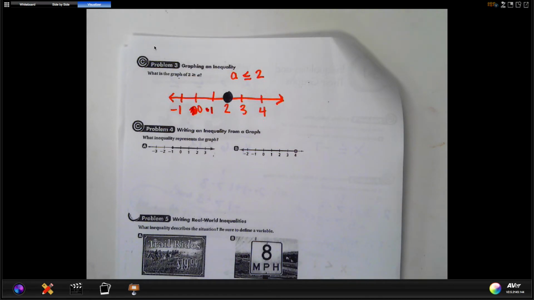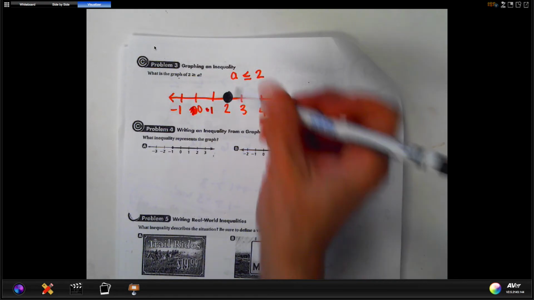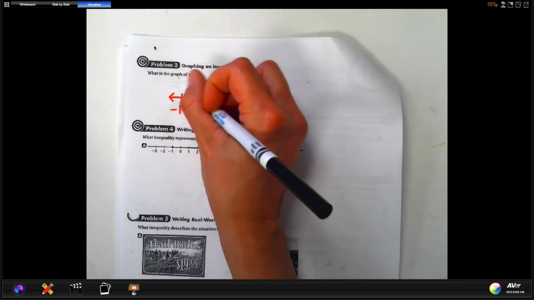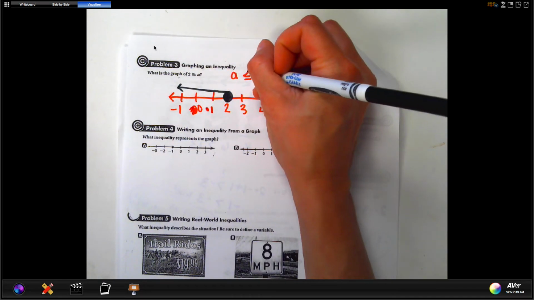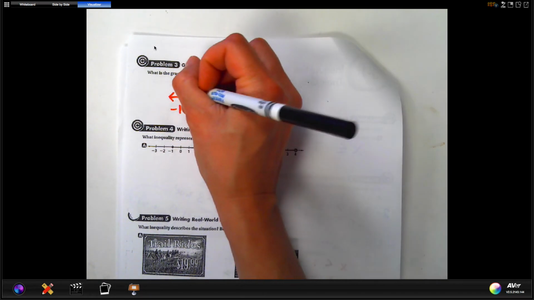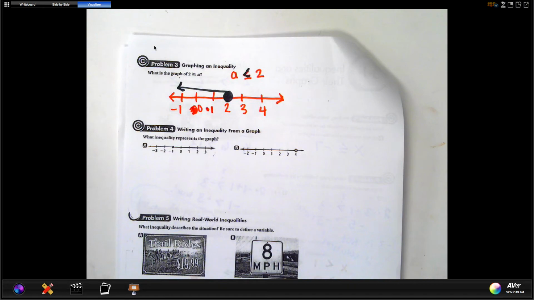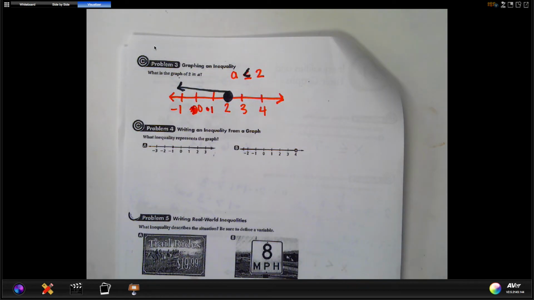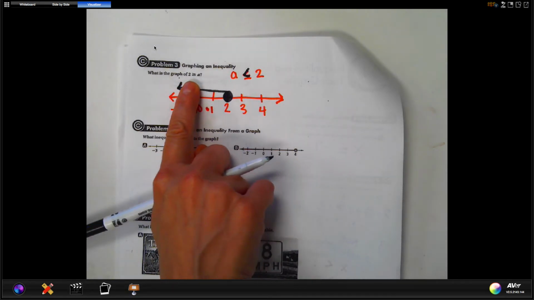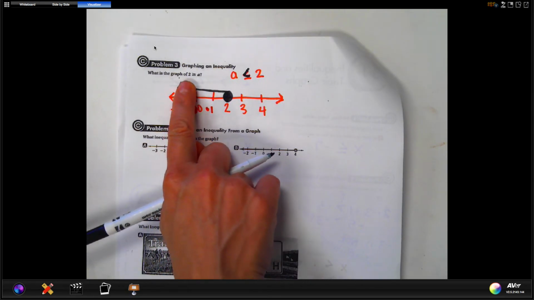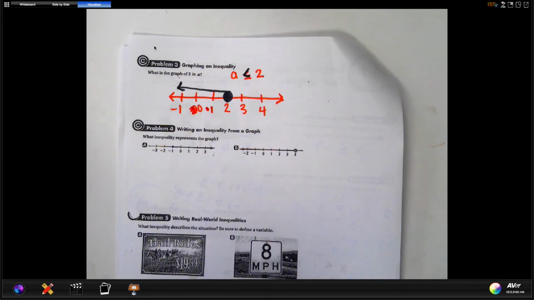Going left or right? Left. And the reason I turn it around is that I know, judging by this arrow going that way, this arrow must go that way as well. It's a good little check. Once you get really good at it, you will see it like this and you'll know it anyway, but it does help when you're learning it. All right, here we go.